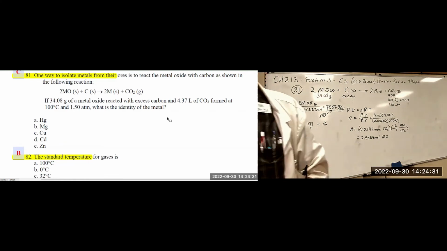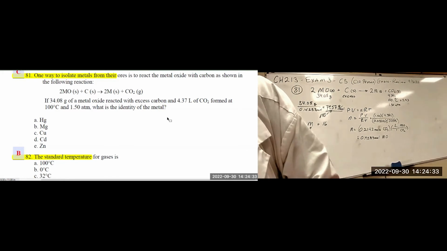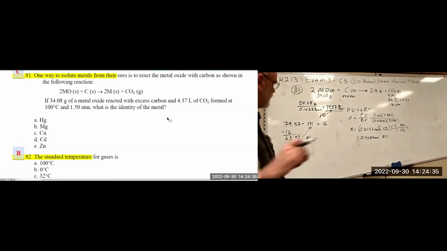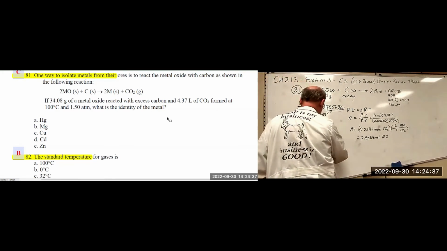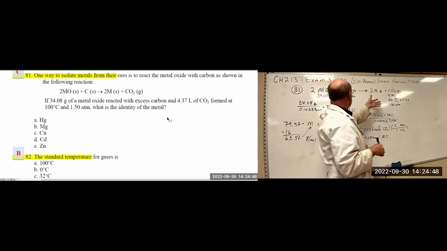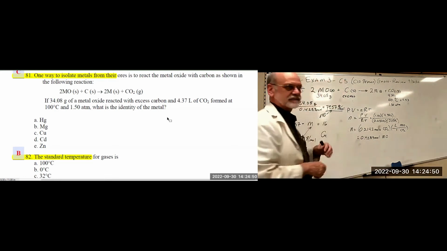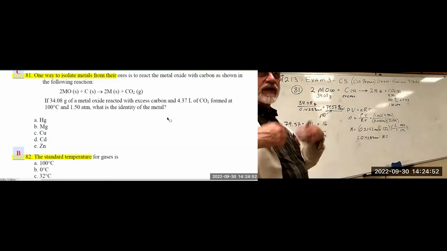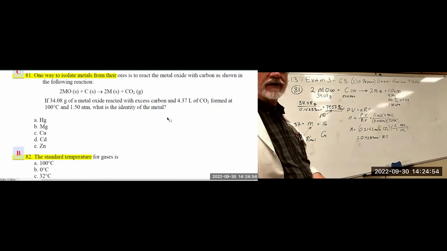So what's 63.57? Let's see. The closest one I can find is copper. It wasn't obvious in the beginning how we were going to get there. I was just working with what we had. This is all we got to go on. So the picture came clearer as I was calculating things.